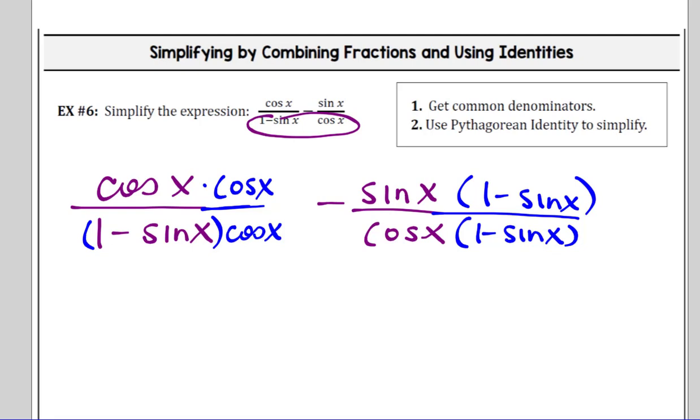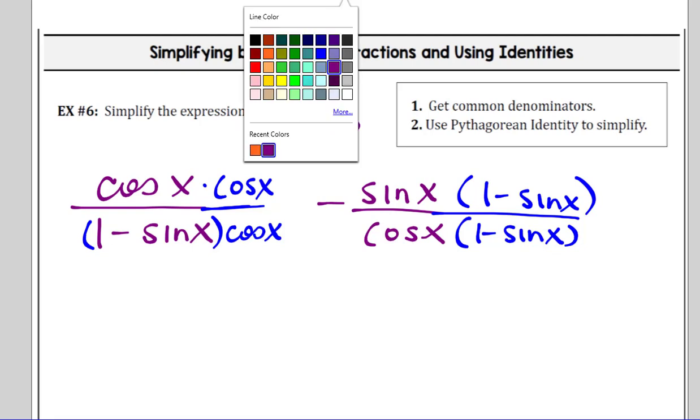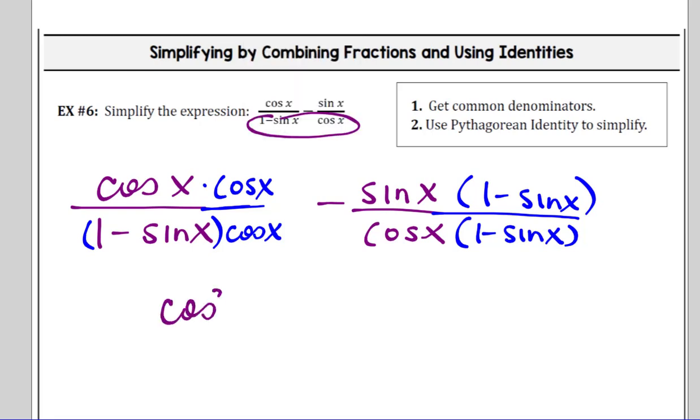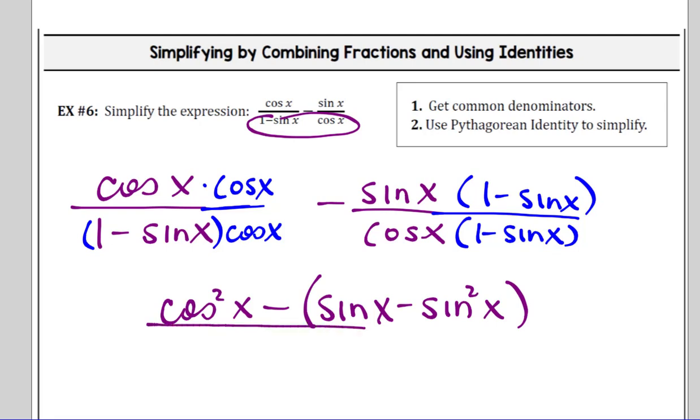Okay, so then up top, I've got cosine squared x minus, I'm going to be careful here, sine x minus sine squared x, all over cosine x times 1 minus sine x.